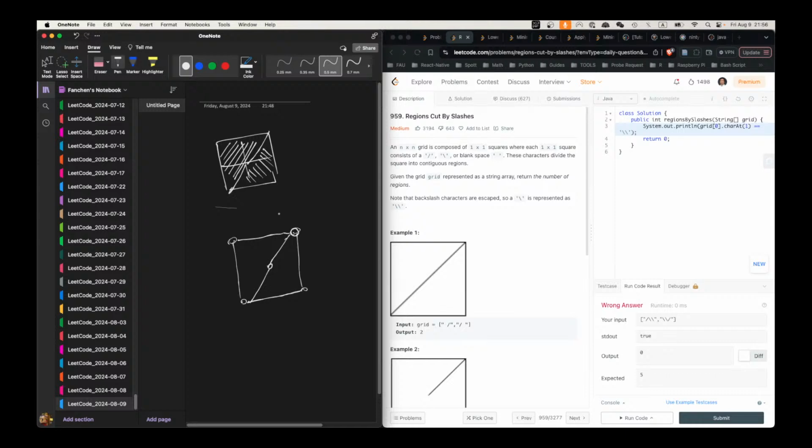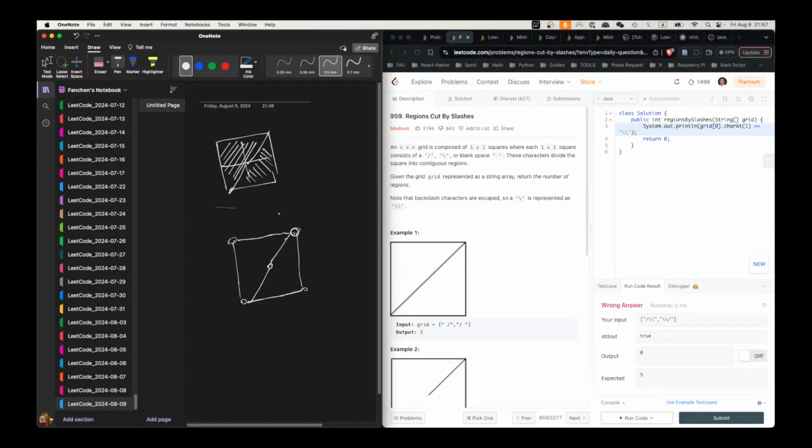If I find a cycle, how do I make sure that it's unique, because I don't want to go from another.